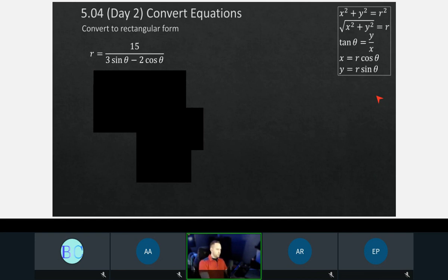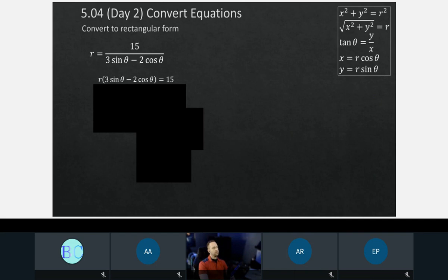Ideas, what should we do? Get rid of the fraction. Yeah. And how do I do that, Antonio? Multiply both sides by 3 sine theta minus 2 cosine theta. I agree with Antonio. Multiply both sides by that denominator.